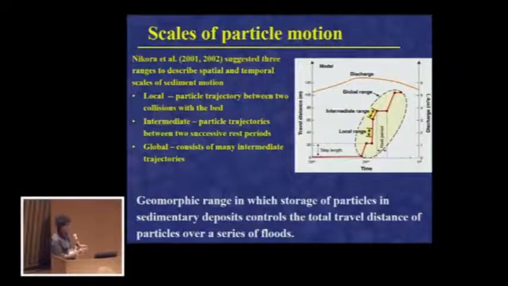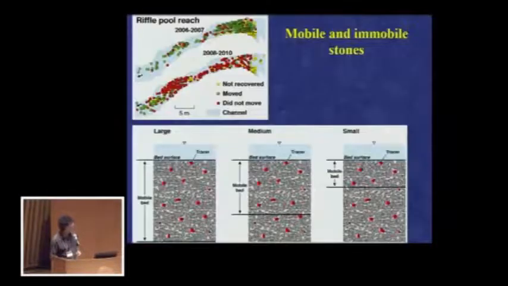The importance of these stones has to do with the sedimentary units and the channel morphology that we deal with. So if we are going to look at the channel morphology, we need to pay attention to those that often move, which make the channel morphology the way that we see it.